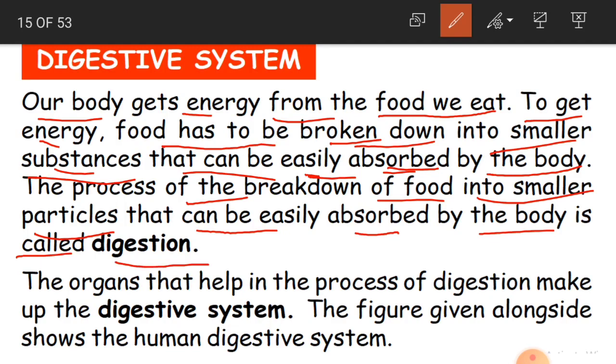So, what is digestion? The process of breakdown of food into smaller particles, so that it can be easily absorbed by the body. That is known as digestion.